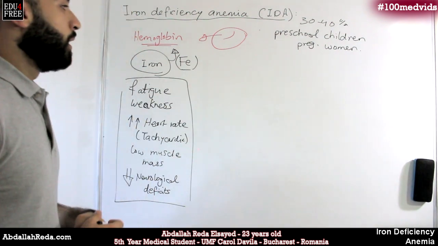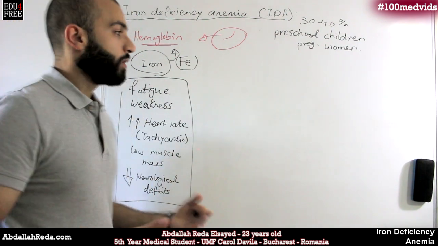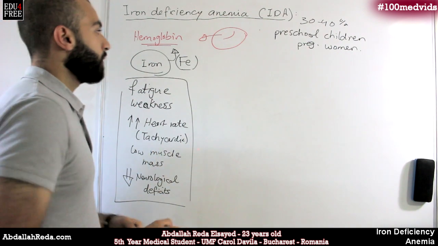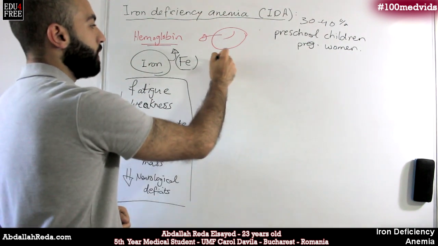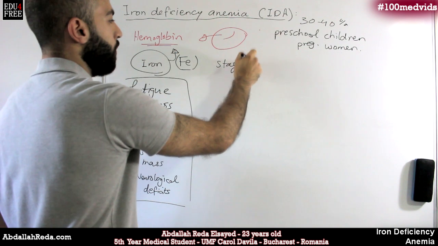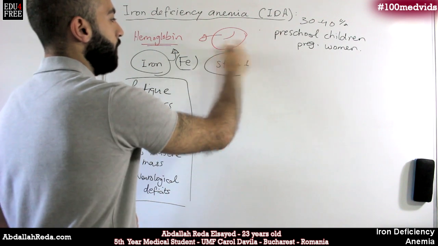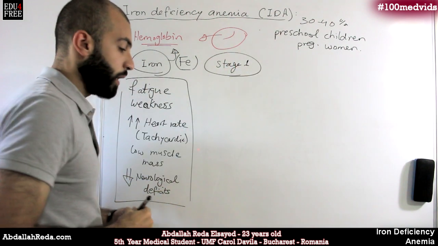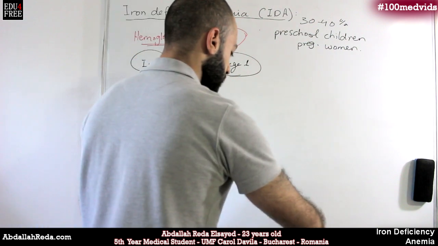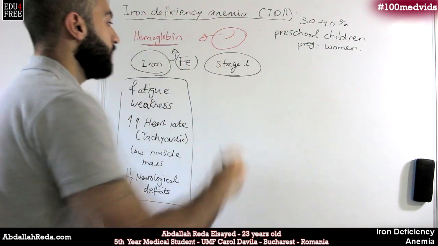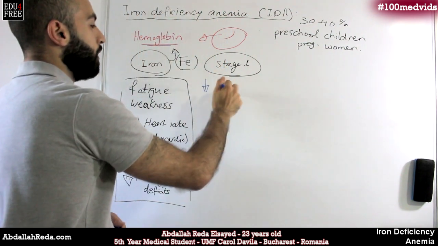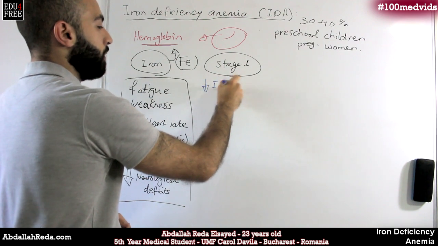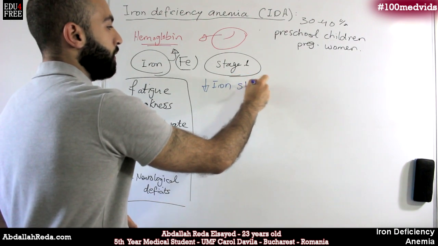Now, how does it happen? It progresses. First of all, we have stage 1 of the disease, where it starts with a decrease in the iron storage.